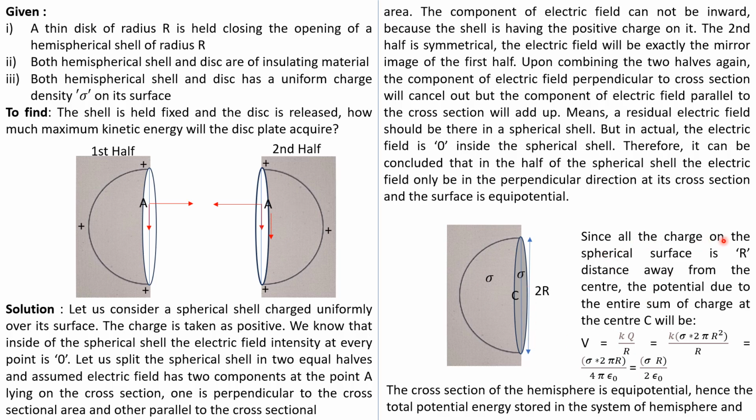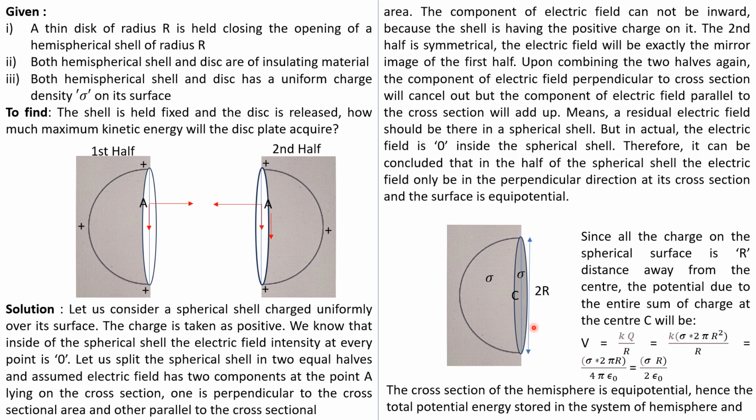Since all the charge on the spherical surface is r distance away from the center, the potential due to the entire charge at the center C will be, we know, KQ by R. Q is charge density into area, so that is sigma into 2 pi r square by R. So we are getting it as sigma into R by 2 epsilon naught.